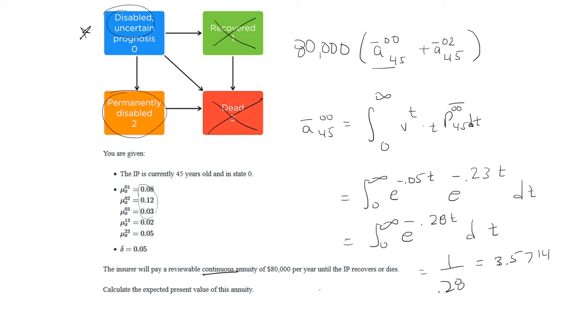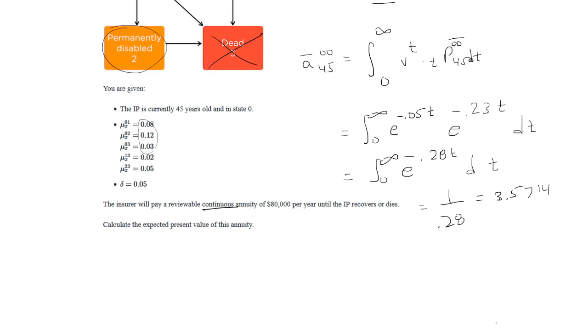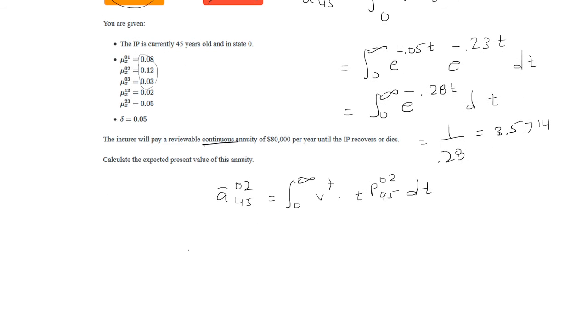Now we want to look at the second annuity. So this one, we're going to need the probability of transitioning from state 0 to state 2. Okay, so let's do that on the side here.